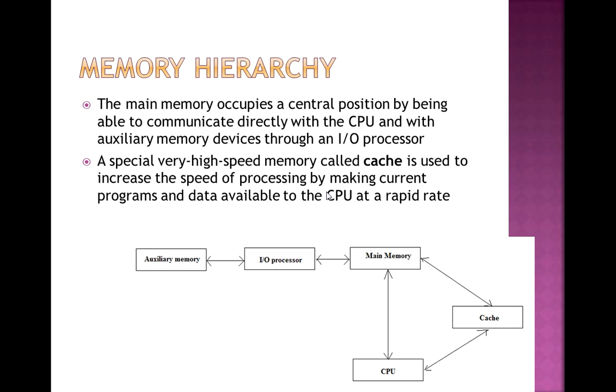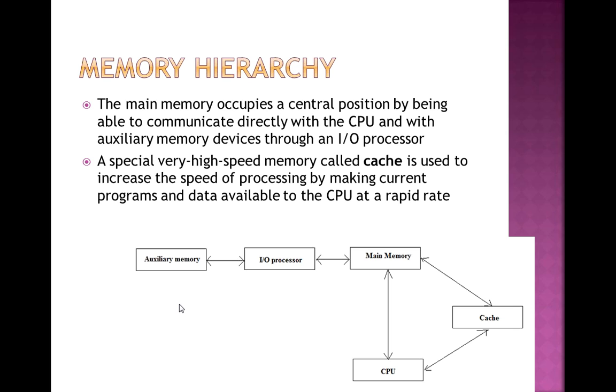So this diagram shows main memory, CPU, and how main memory interacts with the auxiliary memory with the use of input-output processors. The input-output processor is used for inputting the data and giving the output.